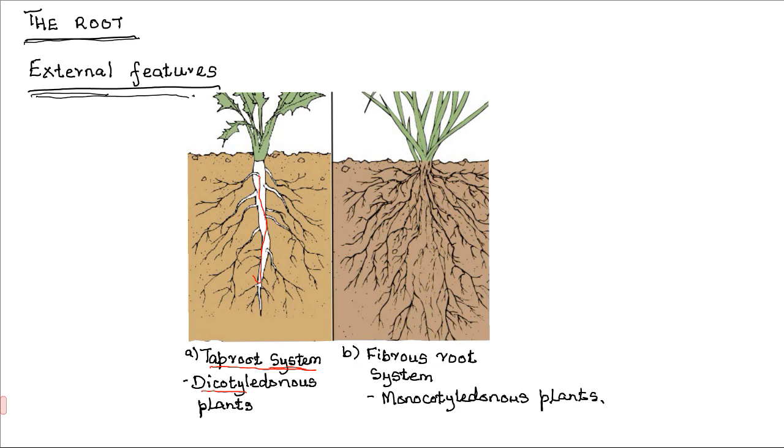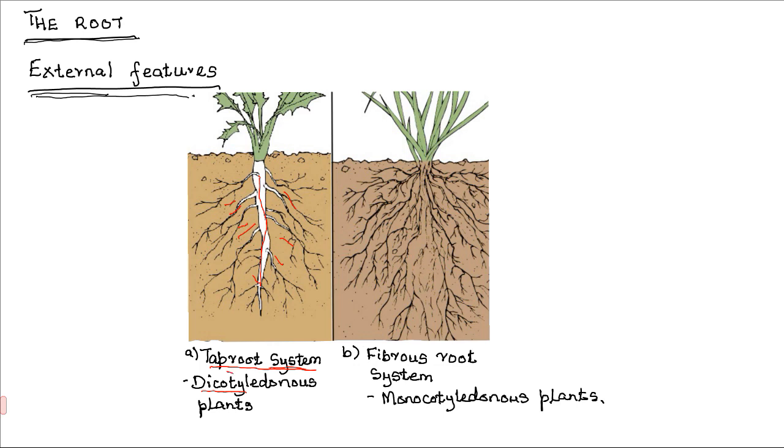This is the taproot, and branching from it are smaller lateral roots. So this is a taproot system consisting of a dominant taproot that grows downward, and then many lateral roots that branch from it, and even smaller roots branching from the lateral roots.